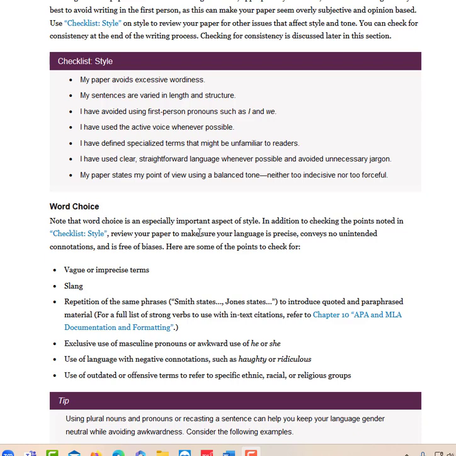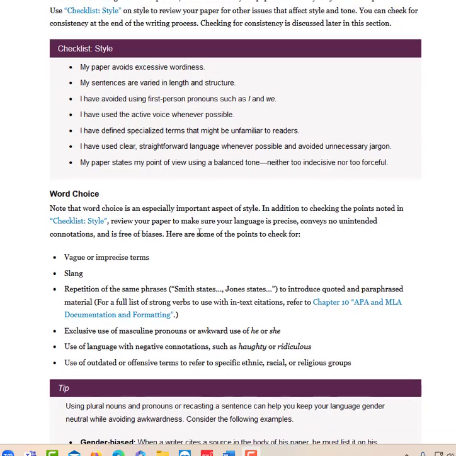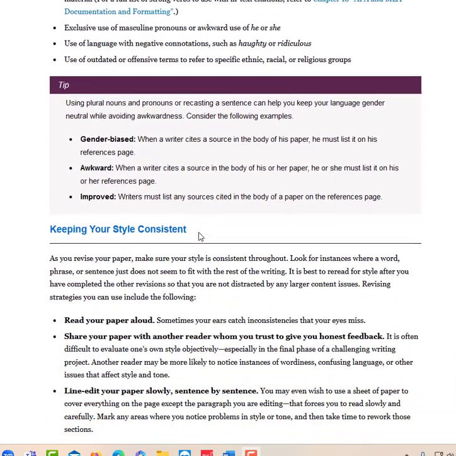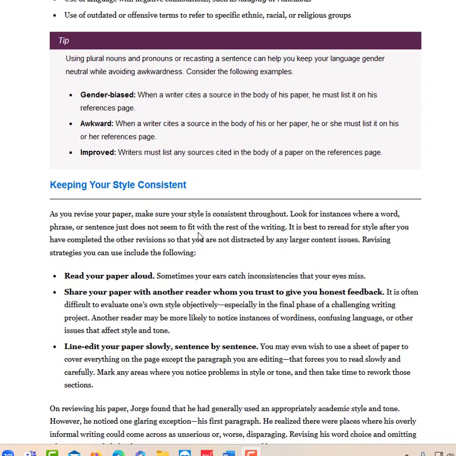Here are some of the points to check for: vague or imprecise terms, slang, repetition of the same phrases, exclusive use of masculine pronouns or awkward use of he or she, use of language with negative connotation, use of outdated terms to refer to ethnic, racial, or religious groups. Using plural nouns and pronouns or recasting a sentence can help keep your language gender neutral while avoiding awkwardness.